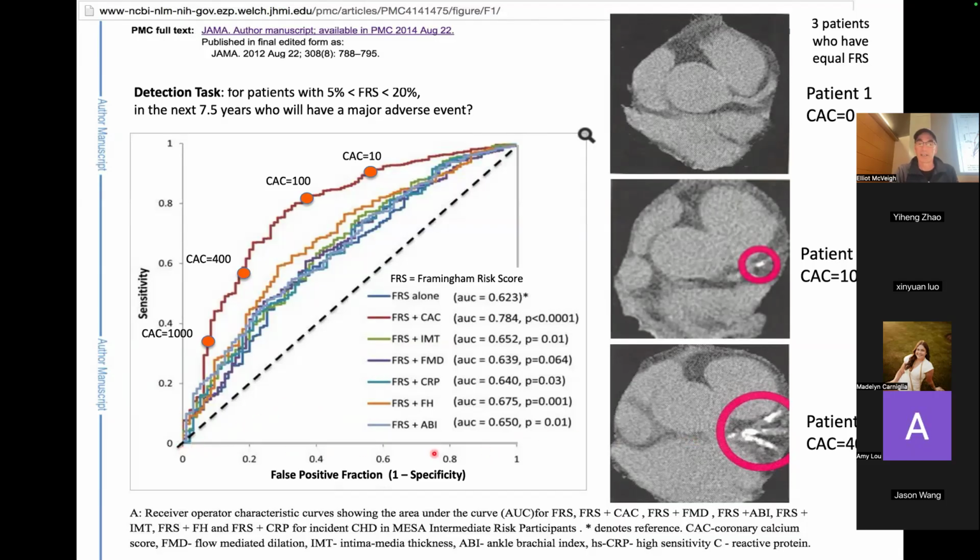So I think, did we look at the receiver operator characteristic curve, the ROC curve? Can't remember if we did. But if you use this type of image and the calcium score, say a calcium score here would be 400, this person has a calcium score of 100, and this is 0.